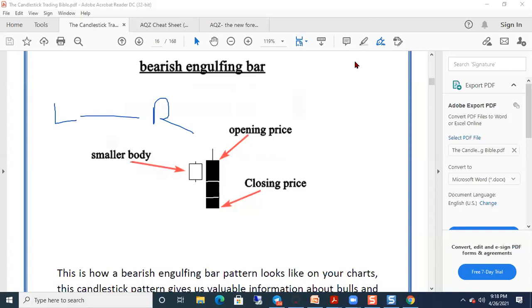So when you have a larger candle to the right, subsuming a smaller candle to the left, you have an engulfing candlestick pattern. The bearish candle engulfed the bullish candle.